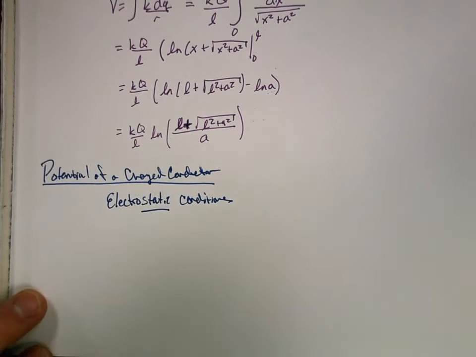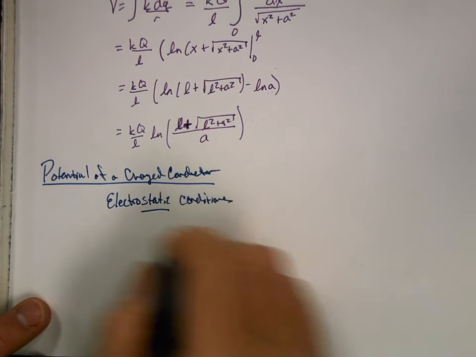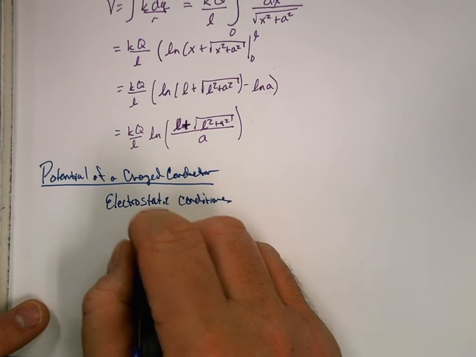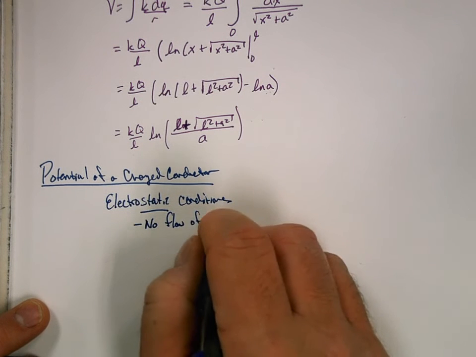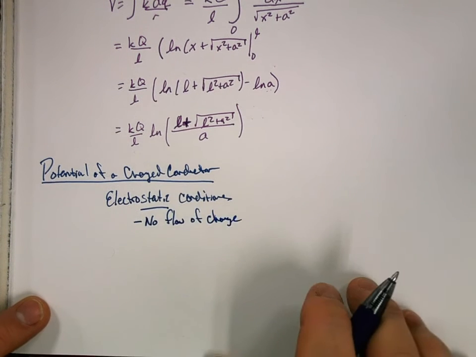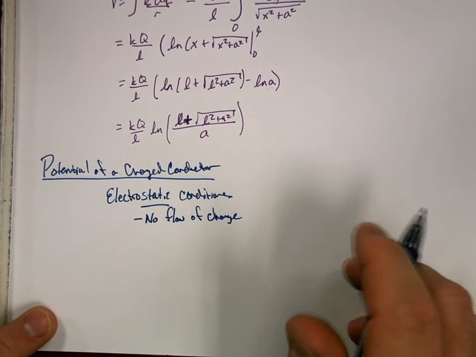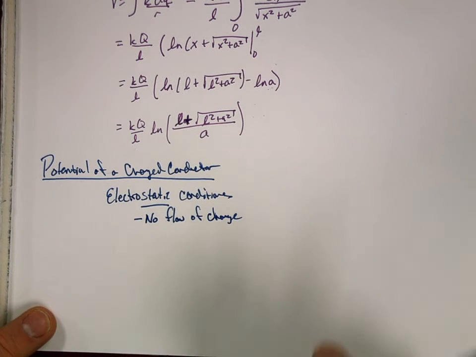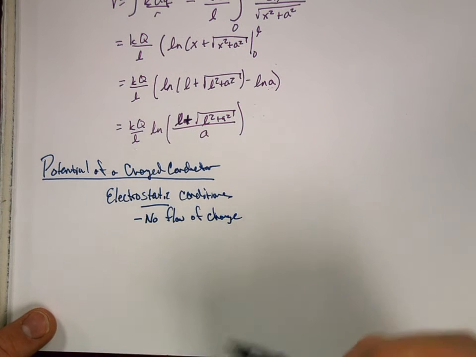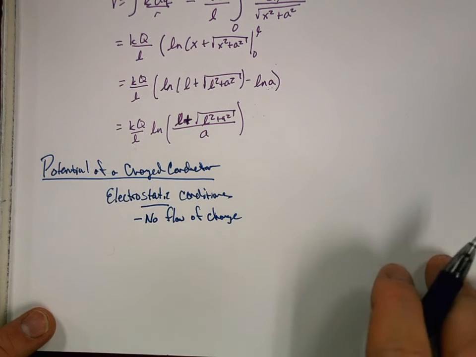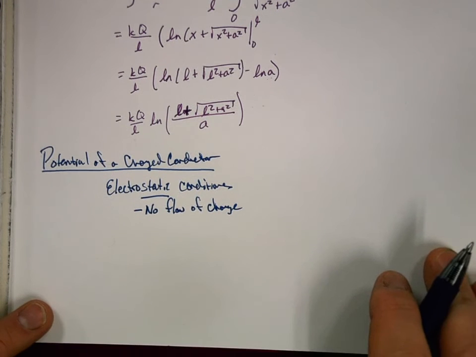If we have a charged conductor, electrostatic condition means that there is no flow of charge. When we get to flow of charge, we'll start talking about current. Then we'll talk about how moving charges induce magnetic fields, which is really cool stuff, and we'll get there in a bit.